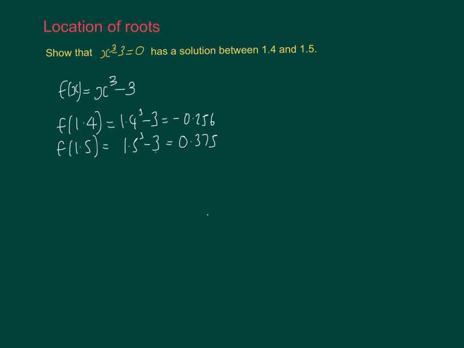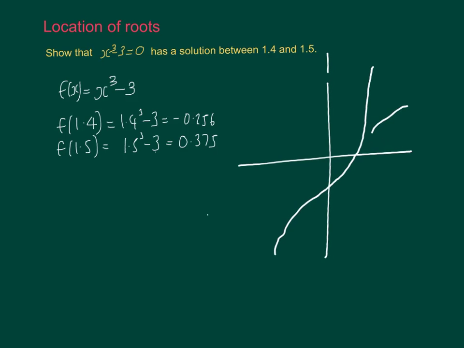So what's actually happening here, and what's the significance of it? If you imagine the graph of x cubed minus 3, it's the x cubed graph shifted down the axis a bit, like this. And what we're trying to find out is whether the solution, where this graph crosses the axis, is between 1.4 and 1.5.